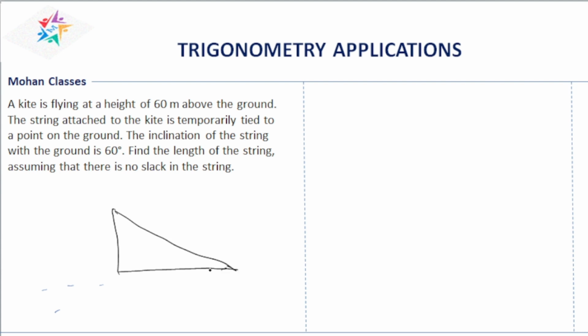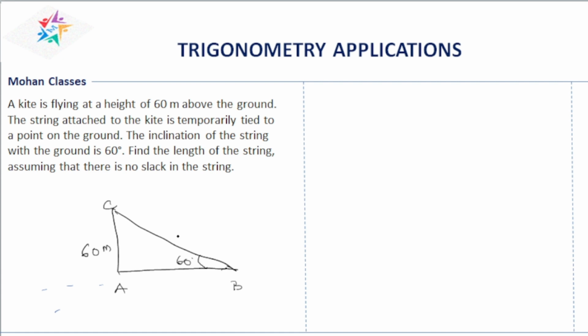Now this is the height of the kite, 60 meter. Let us take it as A, B, C. Here the kite is flying at the height of 60 meter. The string attached to the kite is temporarily tied with the ground at 60 degree. So here it is 60 degree.